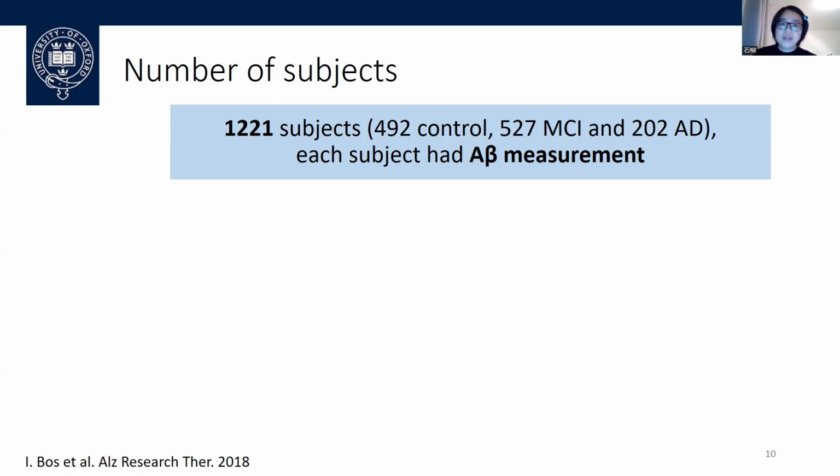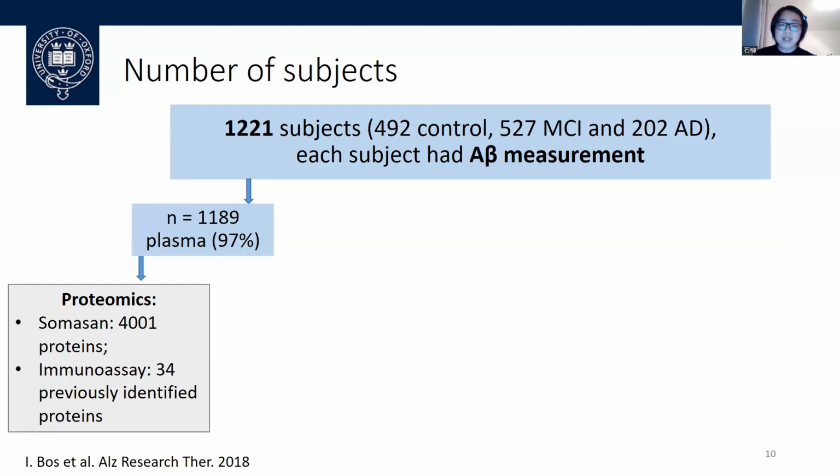The most important thing about this study is that each subject had an A-beta measurement, either by PET scan or CSF A-beta level. In addition, we did multi-omics for these subjects. For example, 97% of the subjects had a plasma sample, so we did both plasma proteomics and metabolomics.